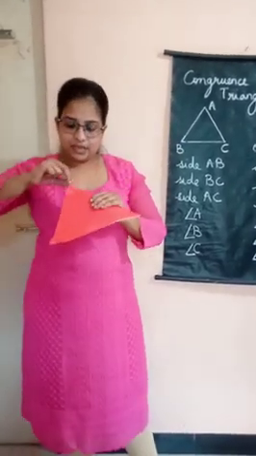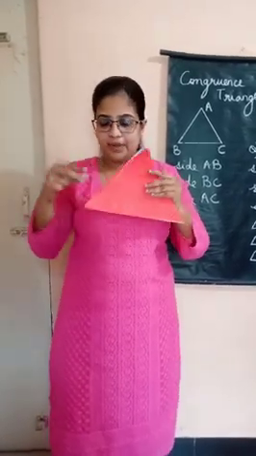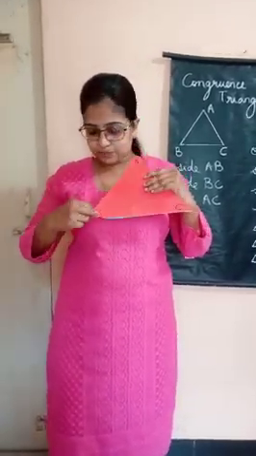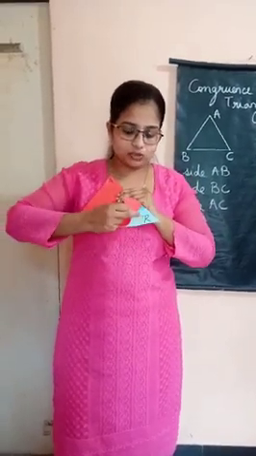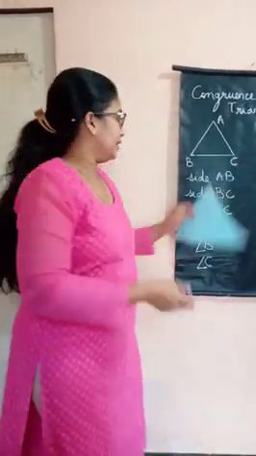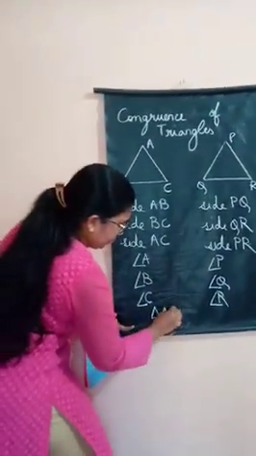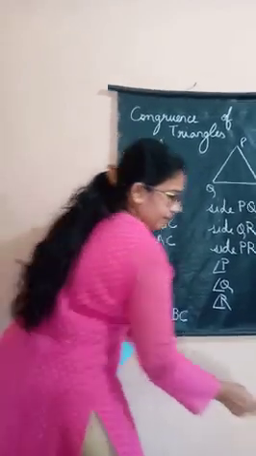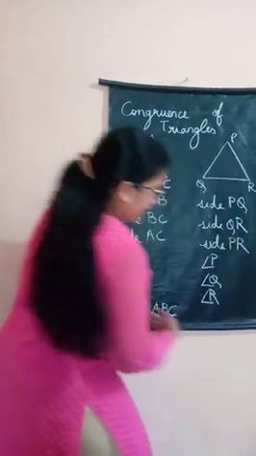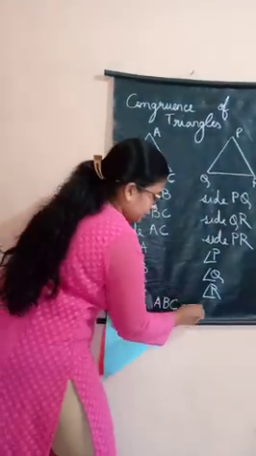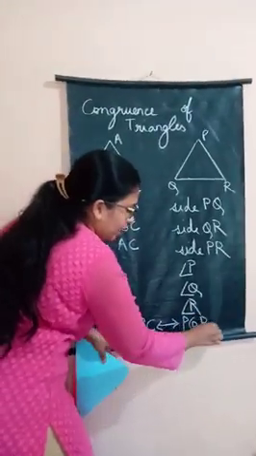In this case, the point A corresponds to the point P, B corresponds to the point Q and C corresponds to the point R. So in this case, the points of triangle ABC correspond to points P, Q and R.